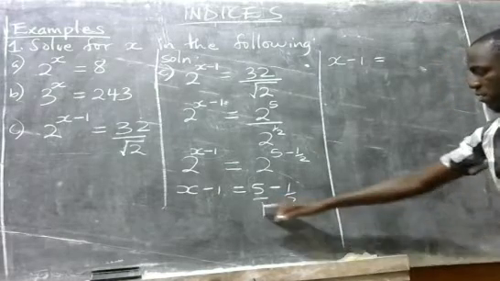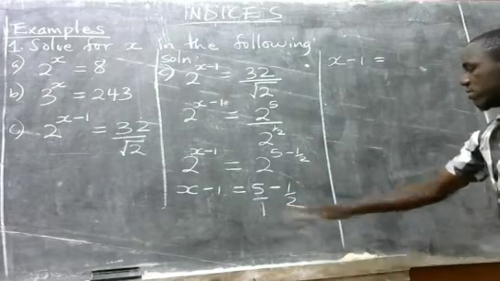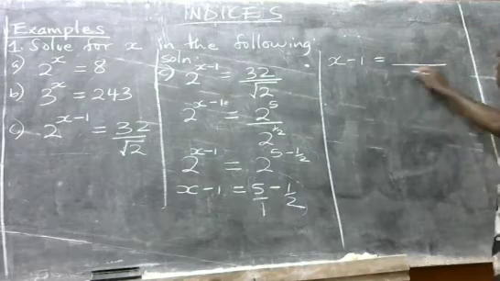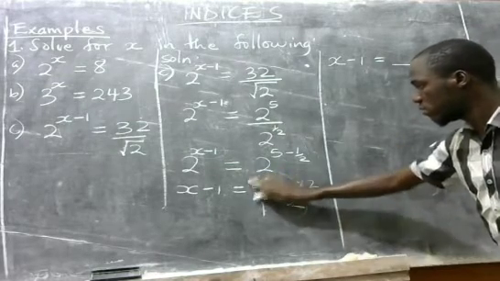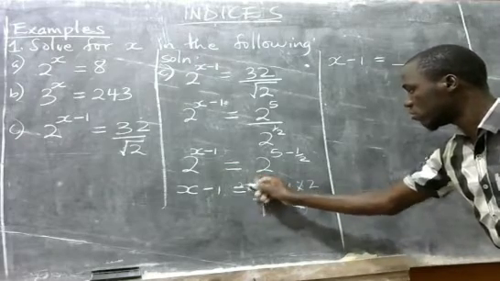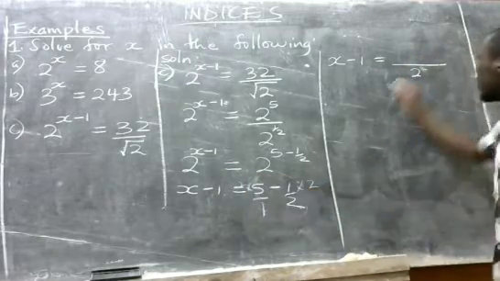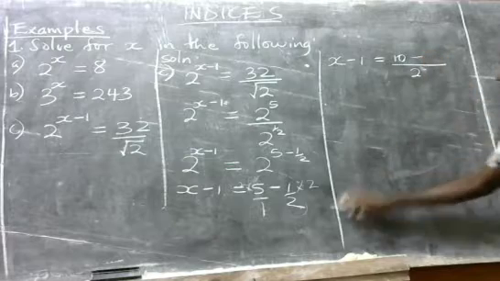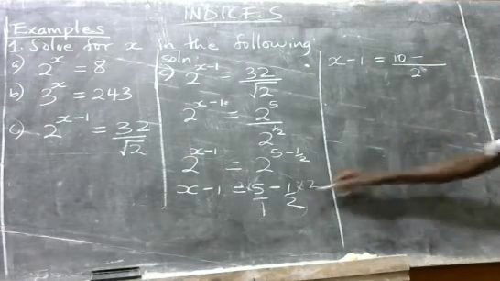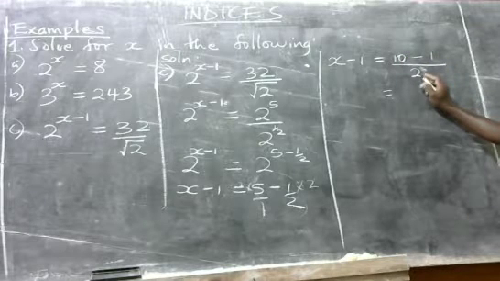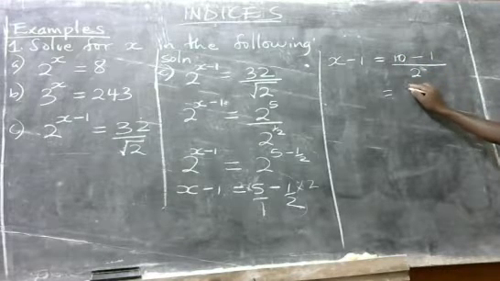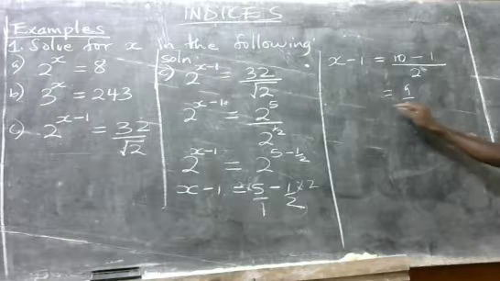The LCM of the denominators is 2. So I have 10 minus the 1, where the 2 cancels. When I subtract this side, I have 9 all over 2.